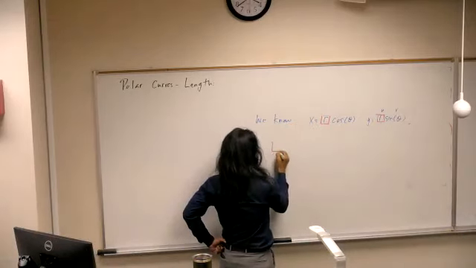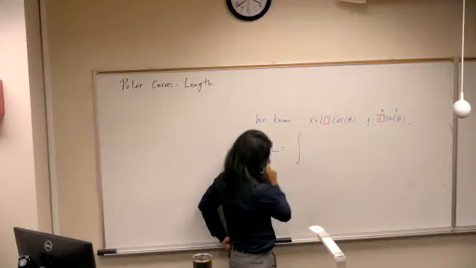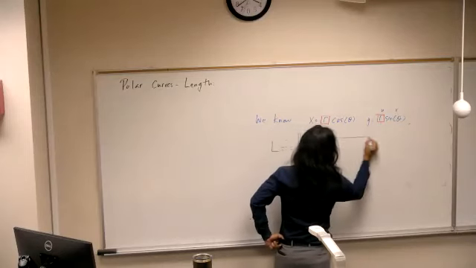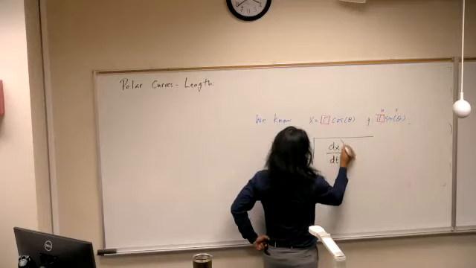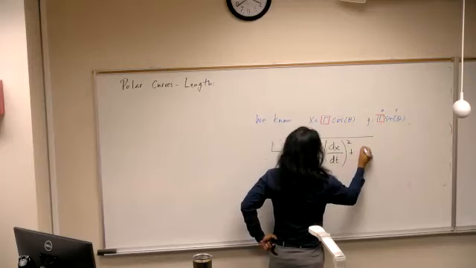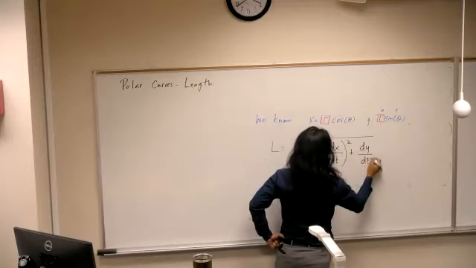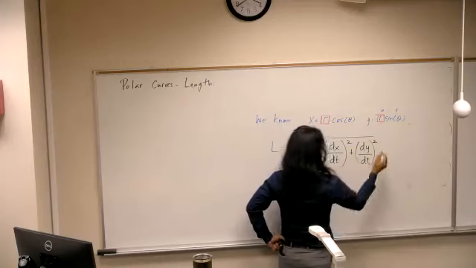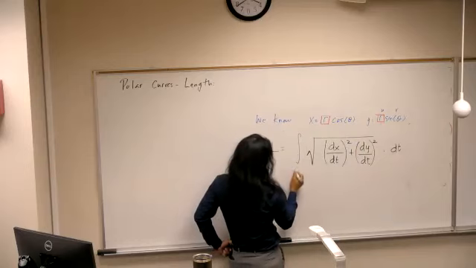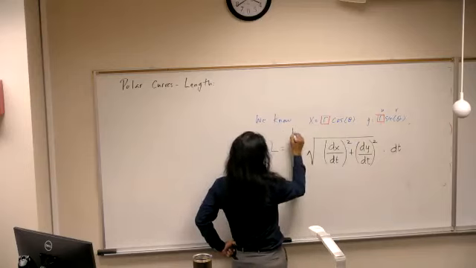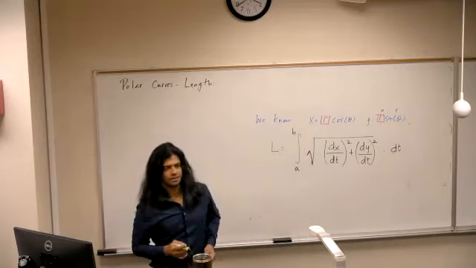We know the length of a curve from parametric equations, square root of dx over dt squared plus dy over dt squared times dt between 2 points, I'll just call it A and B. That derivation came from 1 plus dy over dx squared.